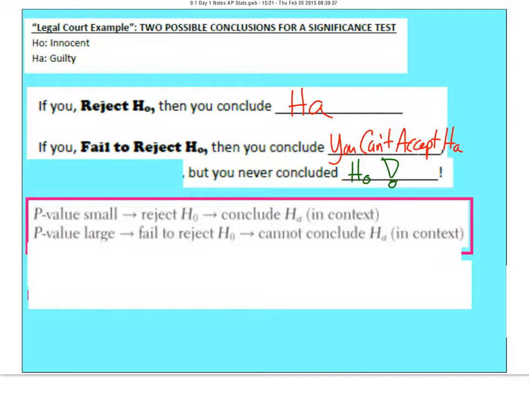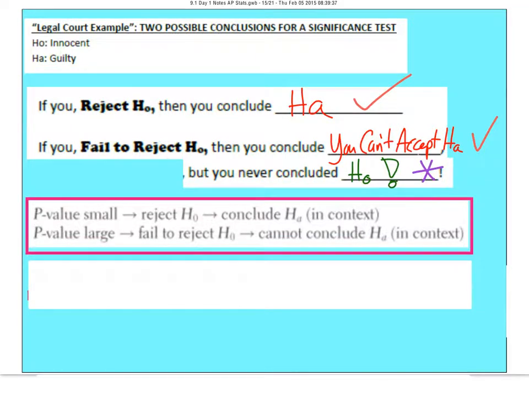Well, if the p-value is large, we fail to reject H sub O, and here's your conclusion: you cannot conclude H sub A in context, is all you can say. So up here, what I have written in red are your actual conclusions. Again, careful, never ever say you conclude H sub O is true.